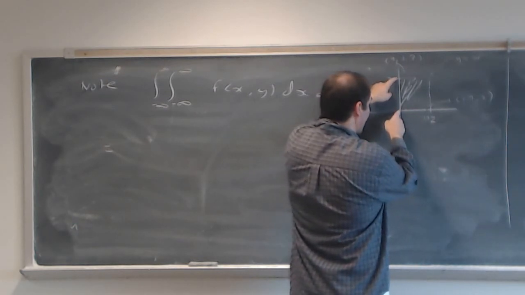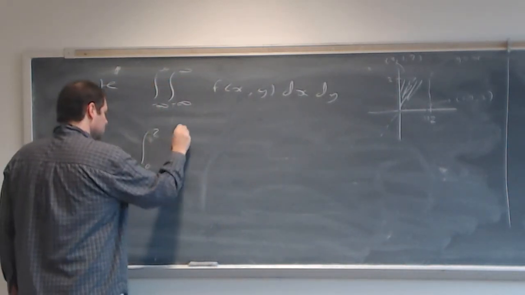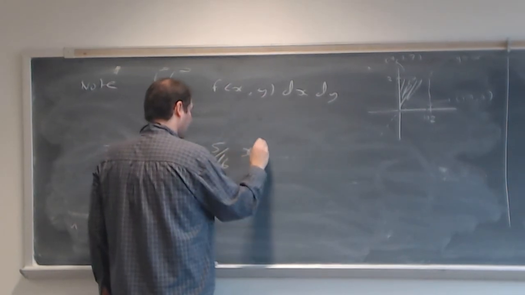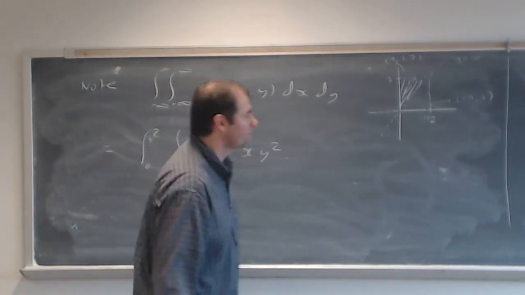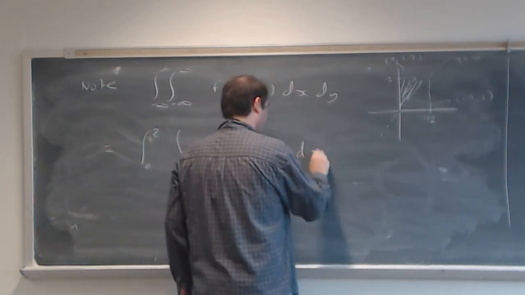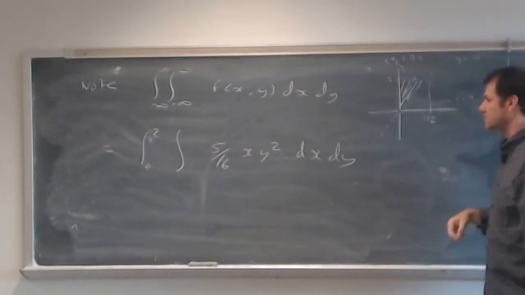And I said we do y. And so the y values run from 0 to 2. Remember, this was 5/16, I think it was x y squared. Let me look. Yes. And so I'm writing dx dy. I think we'll get to integrate this, which is fine. So the y values run from 0 to 2.